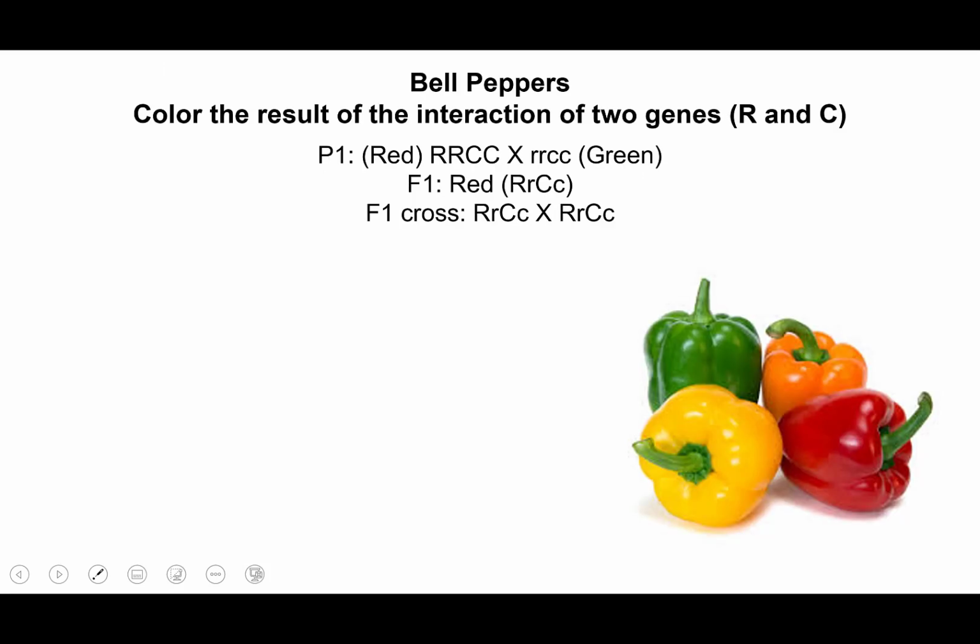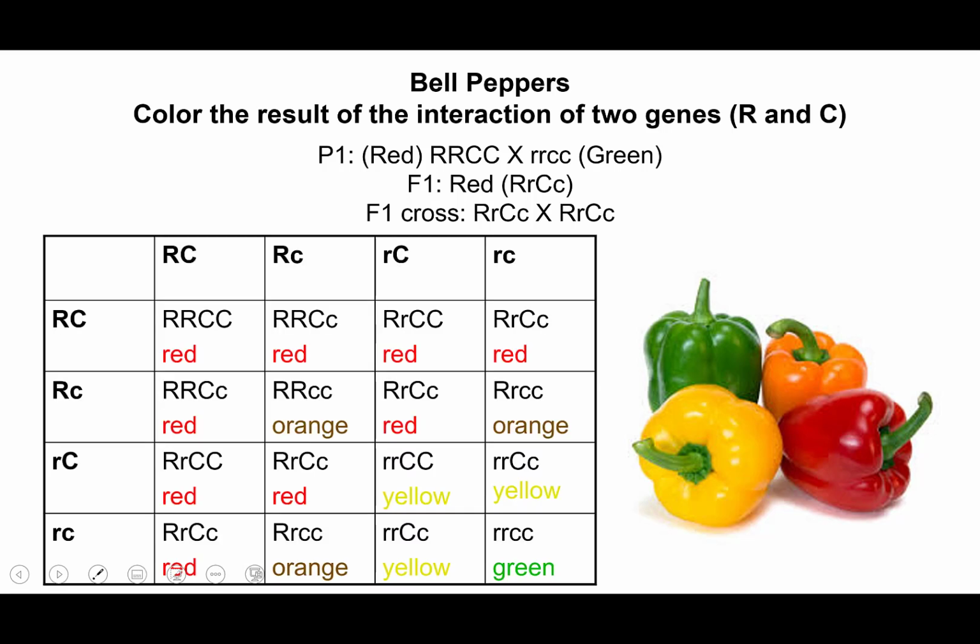Great example, if we look at just coloring in bell peppers, okay, there's two genes involved. We have this R gene and this C gene. Okay, if you're red, you're dominant for both the R and the C. If you're green, you're recessive for both the R and the C. Okay, that gives us our two character states, the red and the green.